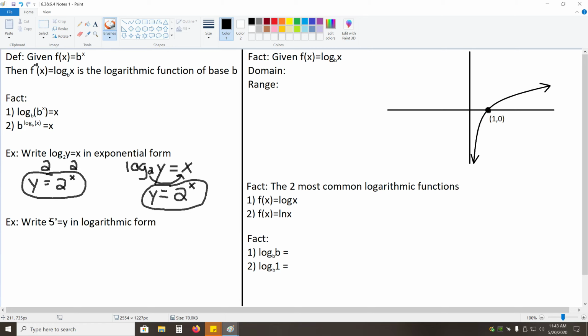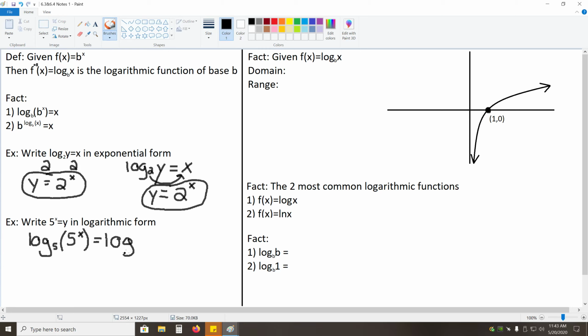So to take that inverse, the inverse is going to be log of this base, 5. So log base 5. We will plug each side of the equation into log base 5.